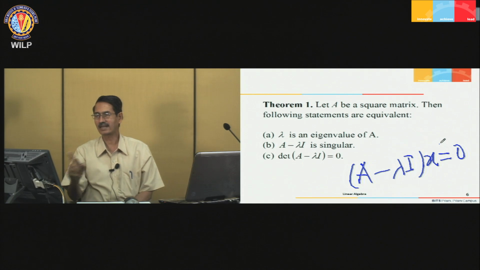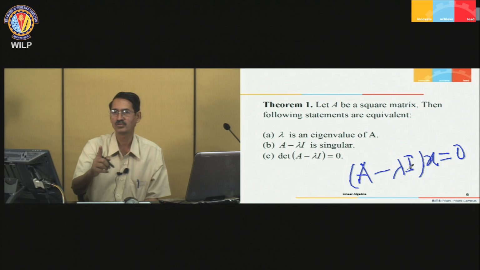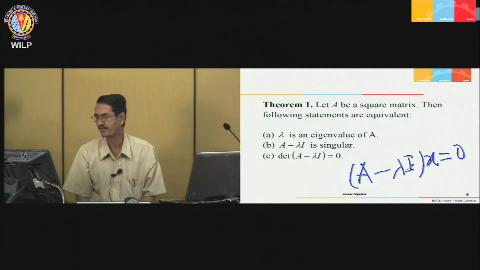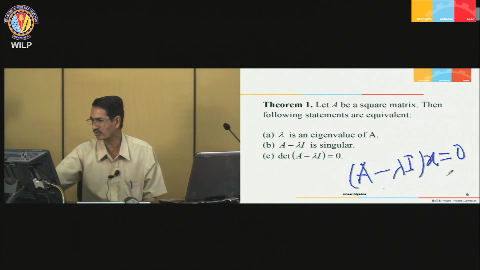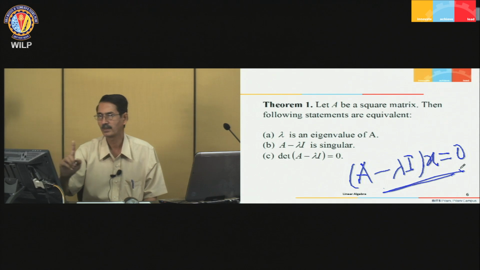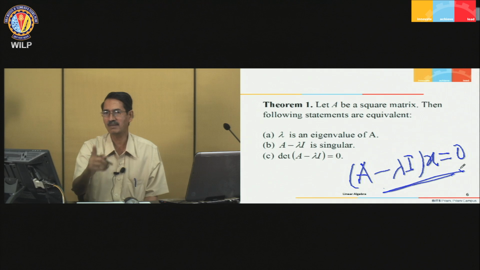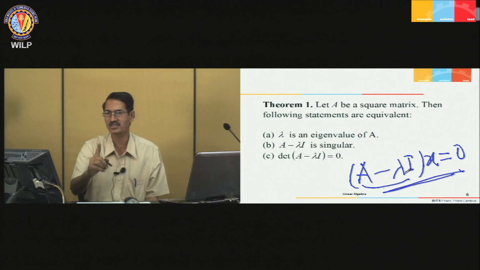So lambda is an eigenvalue of A means it will satisfy this equation (A minus lambda I)x equal to 0 for non-zero x, and that non-zero x is called an eigenvector of A corresponding to lambda. This equation should have a non-trivial solution, that is a non-zero solution. When will it have a non-zero solution? This will have a non-zero solution if and only if this matrix A minus lambda I is singular.